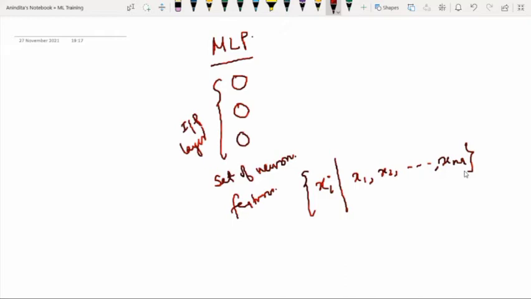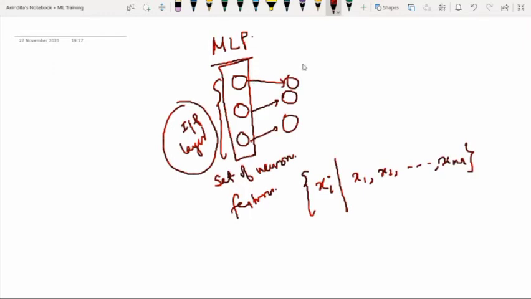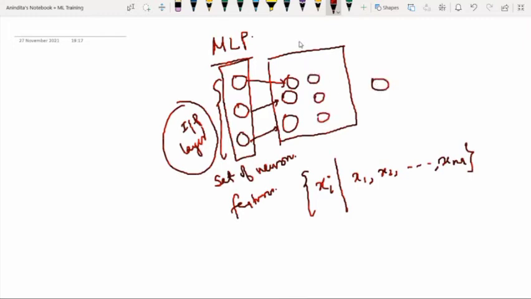Now, it does not imply that we will have only one layer. After this layer we may have another layer. This is the first layer, known as the input layer, and whatever layers we have before the output layer are known as hidden layers, right?